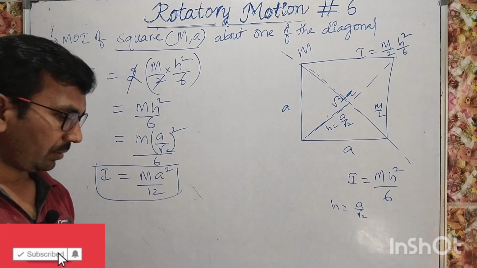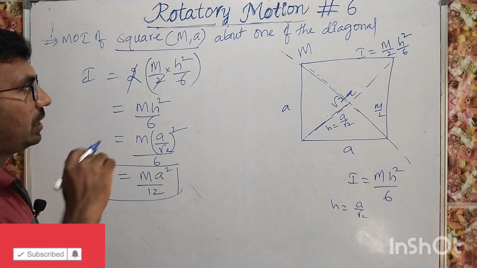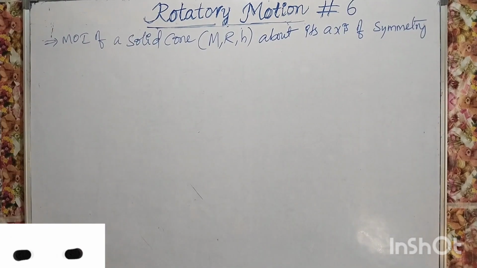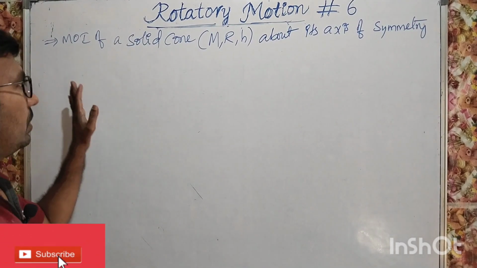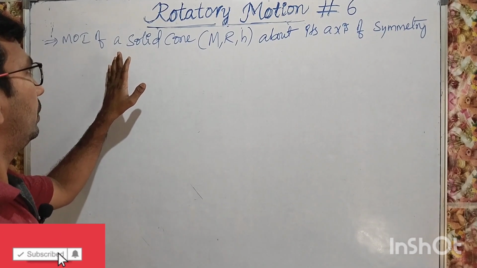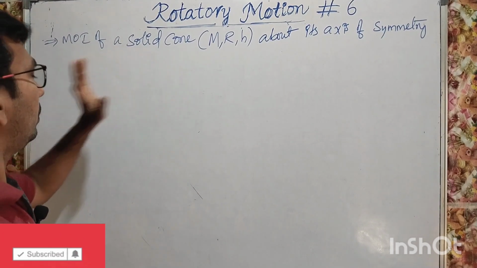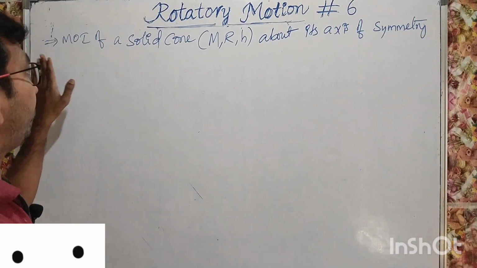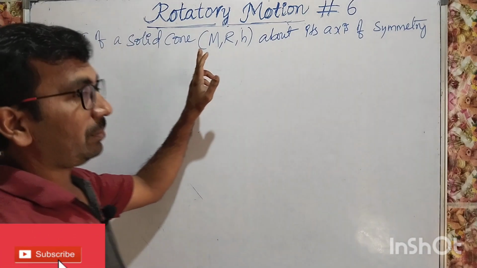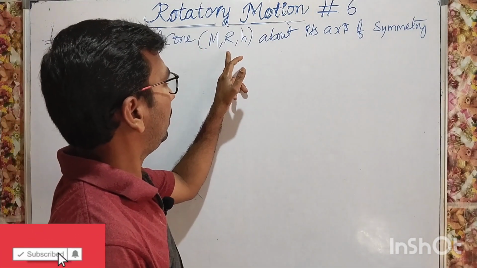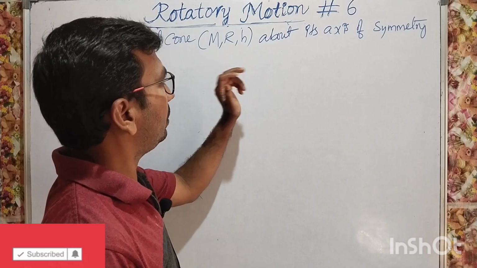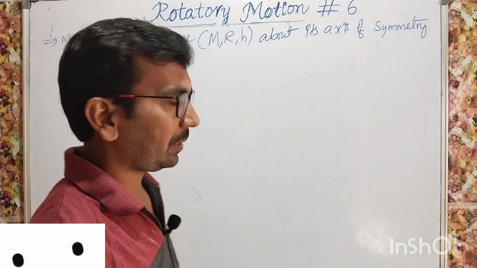Next you can discuss the moment of inertia of a solid cone. Consider a solid cone of mass m, radius r, and height h, about its axis of symmetry.